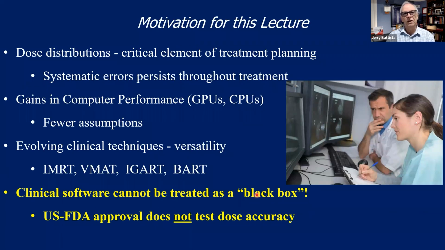You can't just run the computer system and assume that the correct answer will come out. And a reminder that the US FDA approval process does not test dose accuracy. They are more concerned about the quality assurance of the software process. They are not responsible to give a statement on dose accuracy.